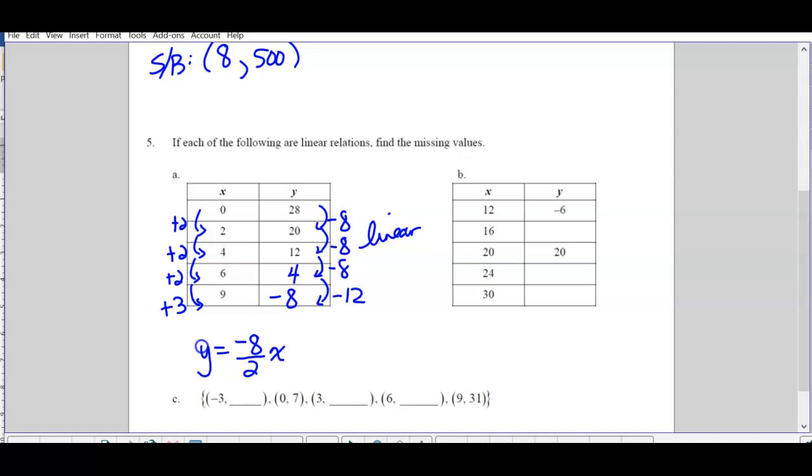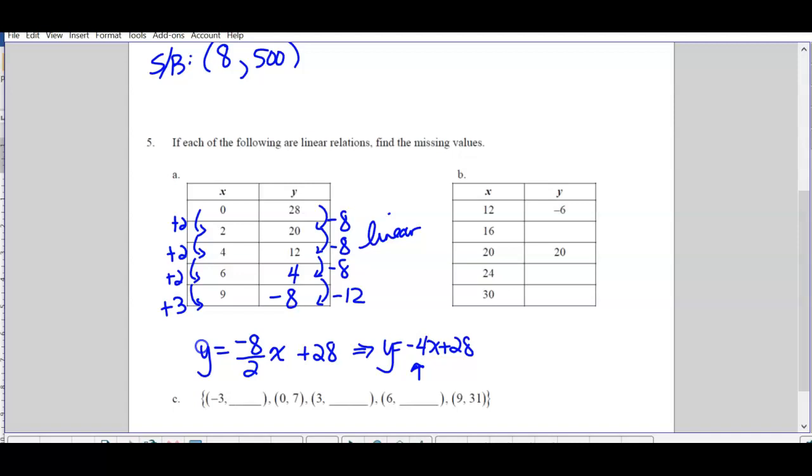And then you got to check out what happens when x is 0. We need to get 28, so plus 28. So that would be y equals negative 4x plus 28. You want to find the change for every 1x. So if this is by 2's, 8 divided by 2 is 4, and it's the negative.